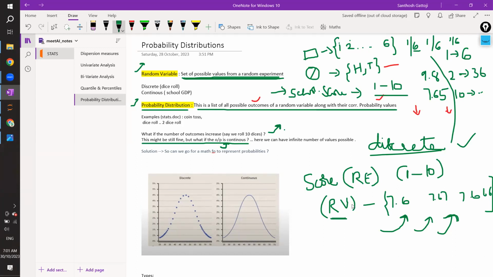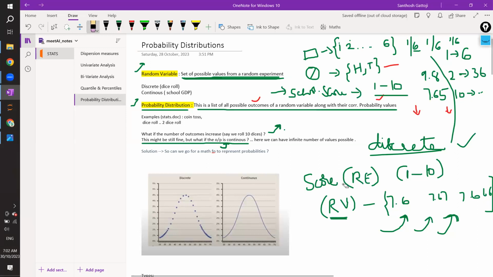That is a random variable, right? A random variable is all possible values. If you roll a dice, there are only 6 possible values you can get: 1, 2, 3, 4, 5, 6. Now this is just a range, the maximum and minimum value of the score in a school. But what all possible values can you get from this range? Infinity. So the random variable is infinite.